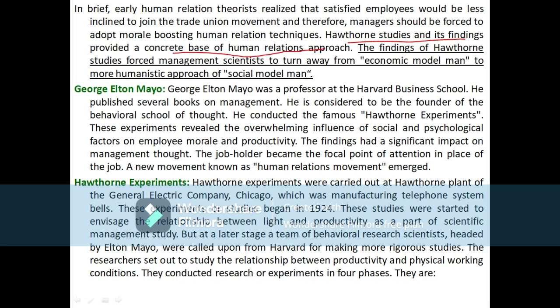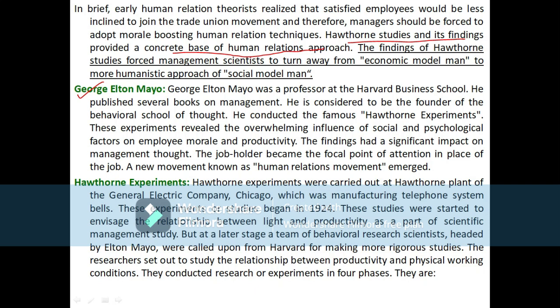The findings of the Hawthorne studies forced management scientists to turn away from the economic model to the social model. Then the person, George Elton Mayo, was a professor at Harvard Business School. He published several books relating to management. He is also considered the founder of the behavioral school of thought, and he has given certain information regarding the behavior of persons in industry.